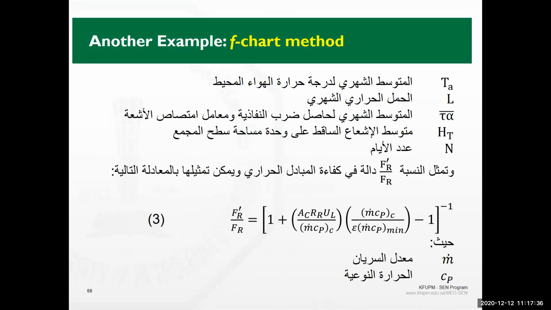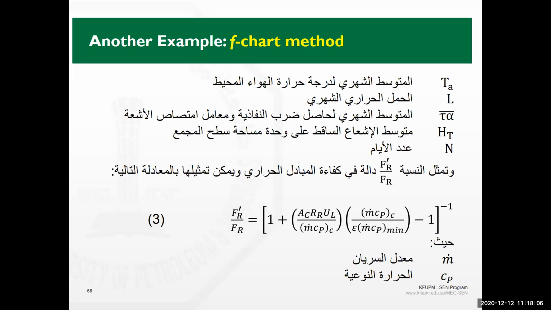TA is the average temperature of the surrounding air. L again is the thermal load. Tau alpha is the average of النفاذية, transmissivity, and معامل الامتصاص, which is alpha, the absorptivity. HT is the average of radiation falling onto the unit. N is the number of days. And F prime R over FR is a function of the efficiency of the collectors.